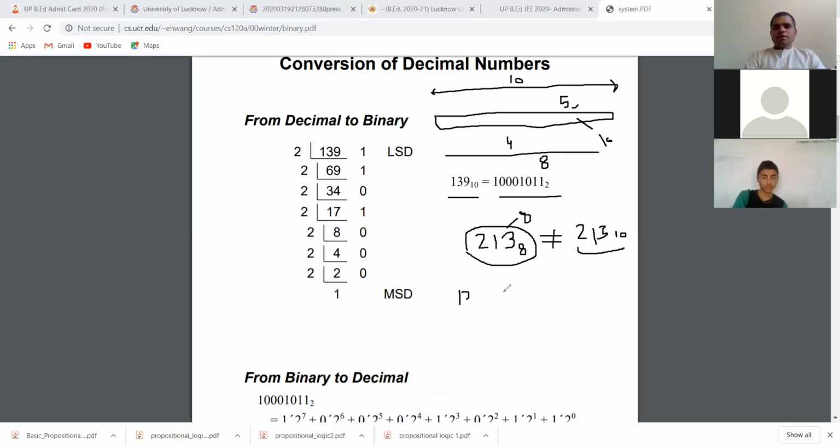For example, if you write 11 base 10, what is the value of 11 base 10? It is 11. And if you write 11 base 2, what is the value of 11 base 2?